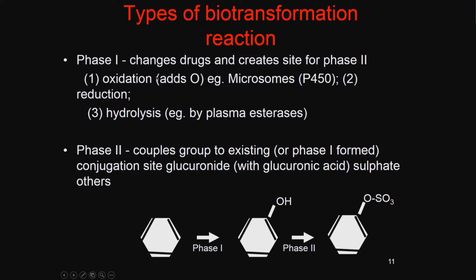Phase 1 is generally oxidation, that means add O, reduction, and hydrolysis by esterase enzymes. Phase 2 is coupling these sites after phase 1 transformation with glucuronic acid or sulfate, like in this picture. You have an example of phase 1 hydroxylation, and then a sulfate has come here. So, it has become more hydrophilic, so it can go through the urine.